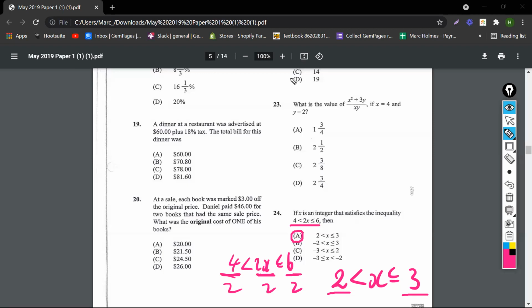Let's finish up the rest, guys. Should we finish up the rest really quickly?